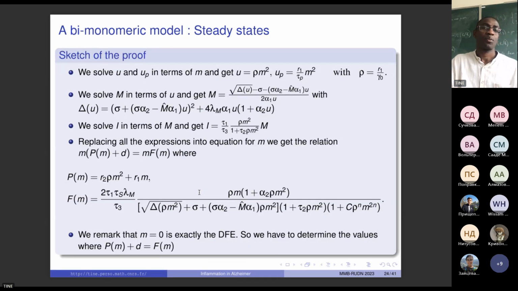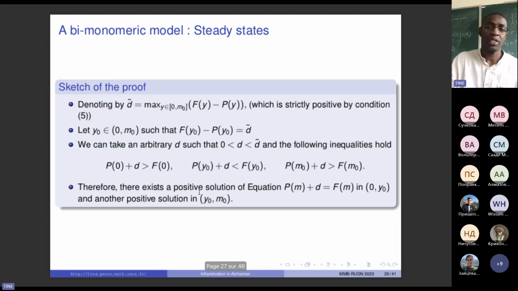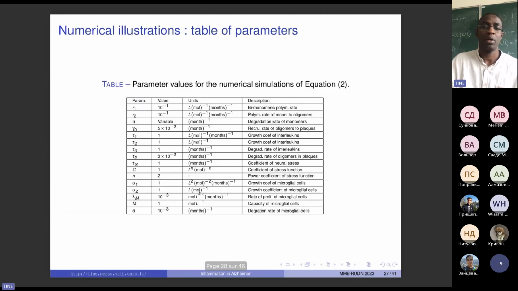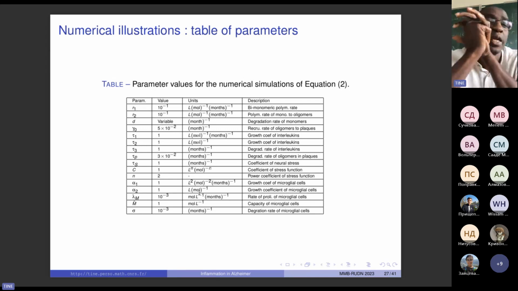So what happens once we do that? We now want to illustrate this from a numerical point of view. Before that, let me show you the table of numerical simulation parameters that we take here.